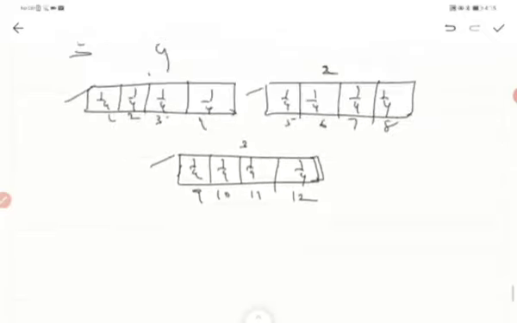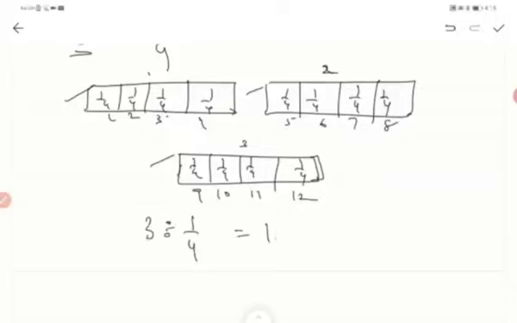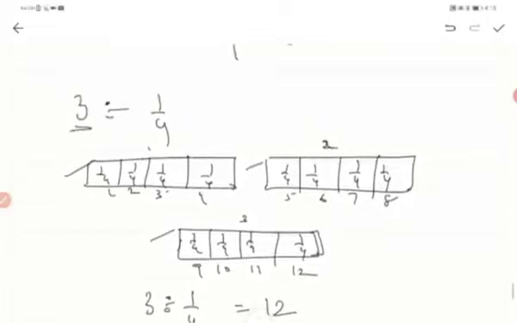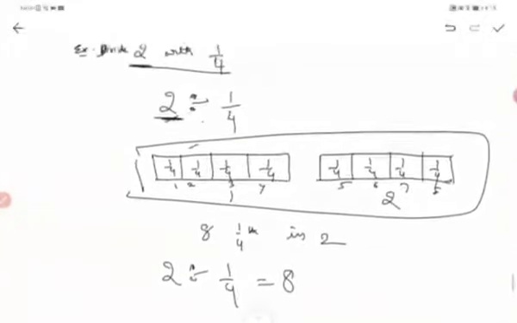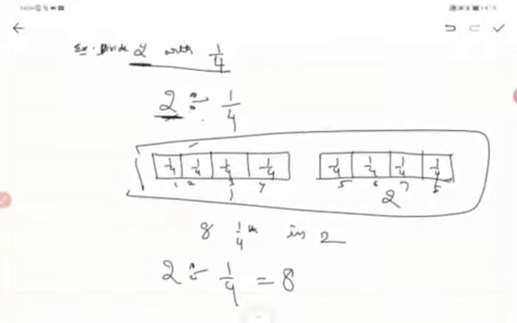That means 3 divided by 1 by 4 is equal to 12. This is just the pictorial representation I'm showing, explained in terms of figures.